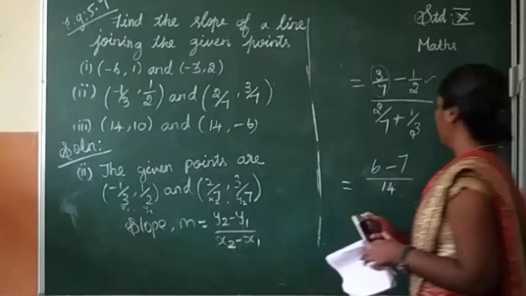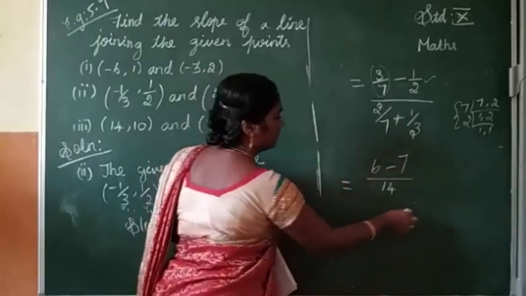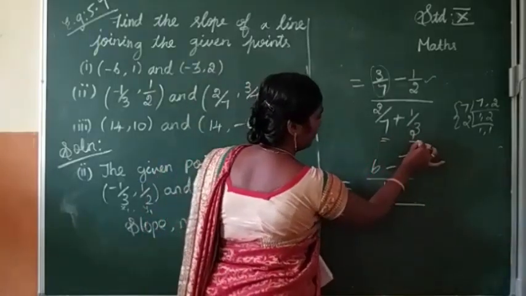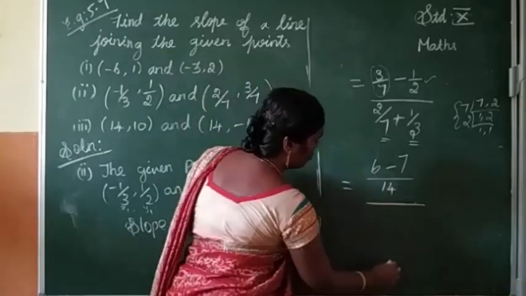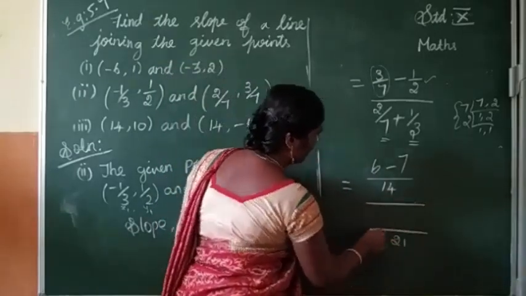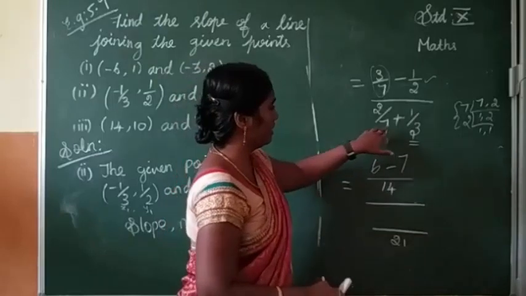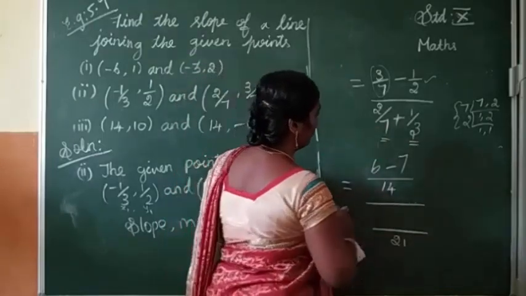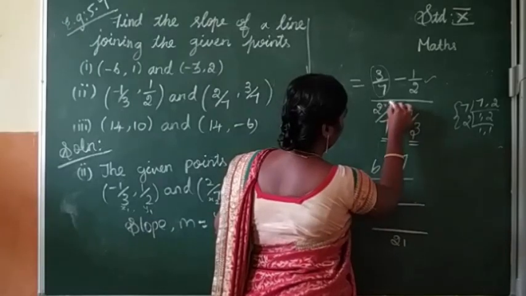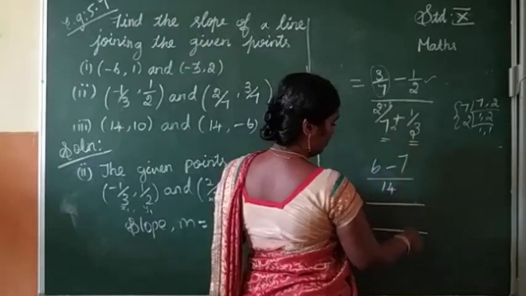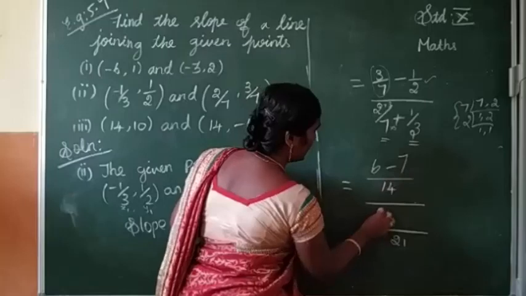Then here also see denominators are different. So do the same procedure for this denominator. Then you will get the LCM is 21. Then change this value to 21. See, if you multiply here, which number will give 21? 7 3s are 21. 21 already we written. 2 3s are 6.